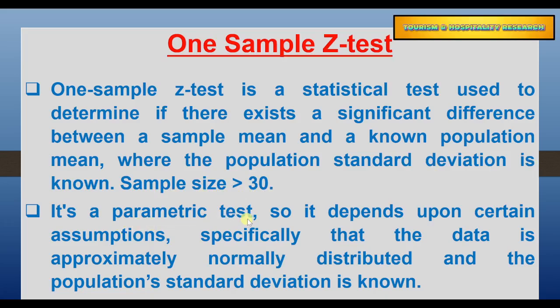It's a parametric test, so it depends upon certain assumptions, like the data should be normally distributed, there should be no outliers, and the observations should be independent of each other. You might like to go back to the one sample t-test video and check how to check the assumptions. In this video, I'll be directly taking you over to how to conduct a Z test using a syntax in SPSS.